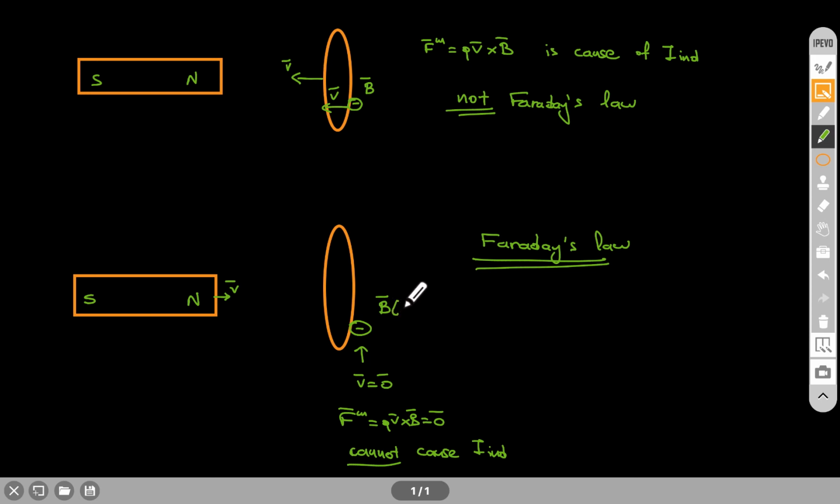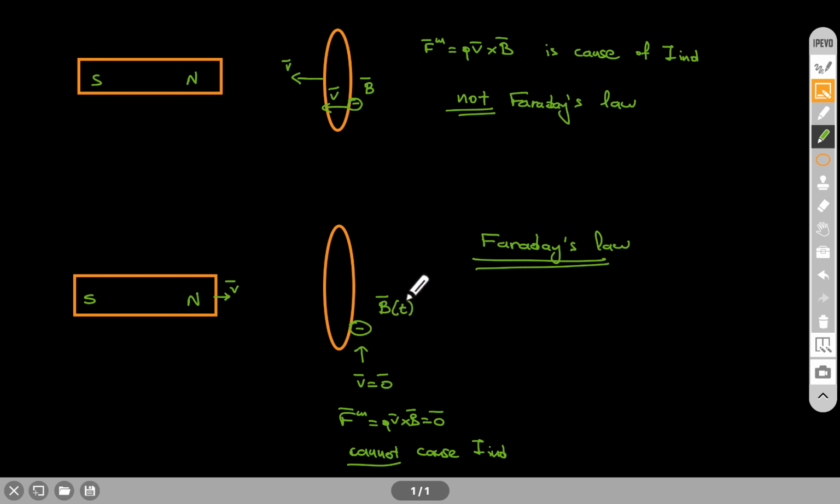The important thing here is to understand that the magnetic field at the location of the mobile electron is a function of time. Whether it's increasing or decreasing, it doesn't really matter. The important thing is that the magnetic field changes as a function of time, the magnetic field at the location of the mobile electron.